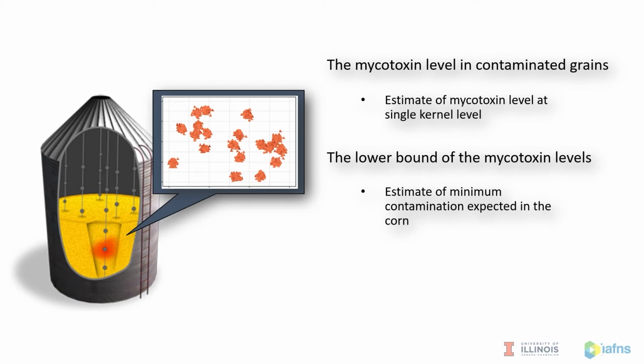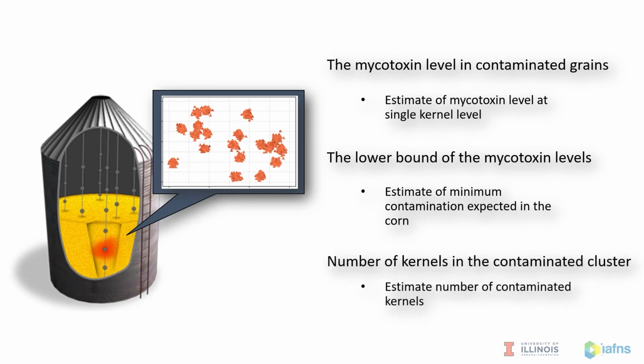The app has a recommended value of 20 parts per billion. The following input is the number of kernels in the contaminated cluster. For this, the app suggests a value of 10. For a grain container that has been poorly stored, it is recommended to have a higher number of contaminated kernels, and for all three inputs, the user can customize the values according to the intended sampling scenario.